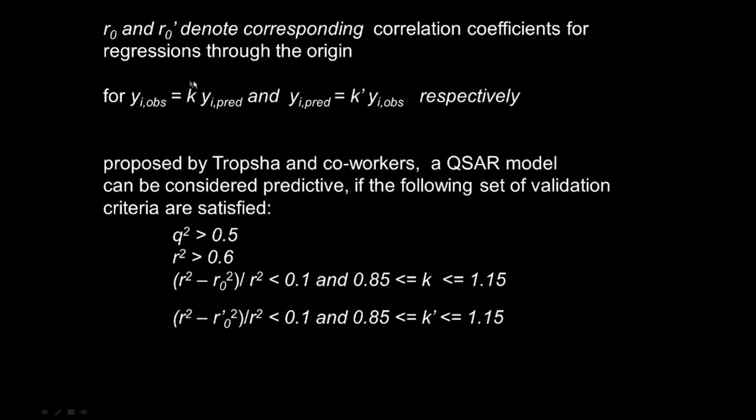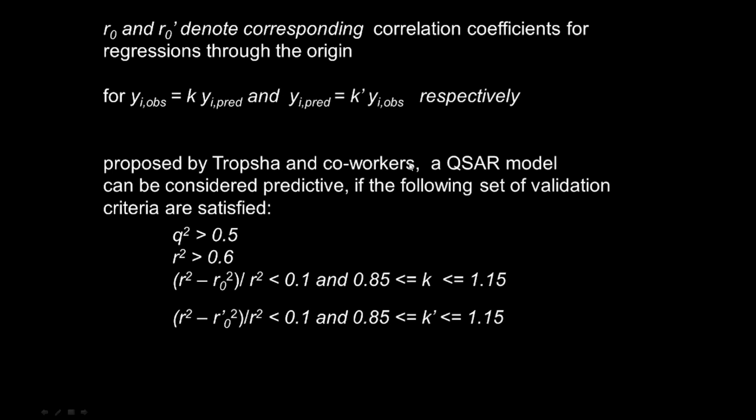So we fit a model this way, and we fit a model this way, and you allow it to pass through the origin and get the R0 and R0 dash. Then you see whether those are quite good, above 0.6. So these are different ways of testing whether your model has good predictive capability and good fitting capability.